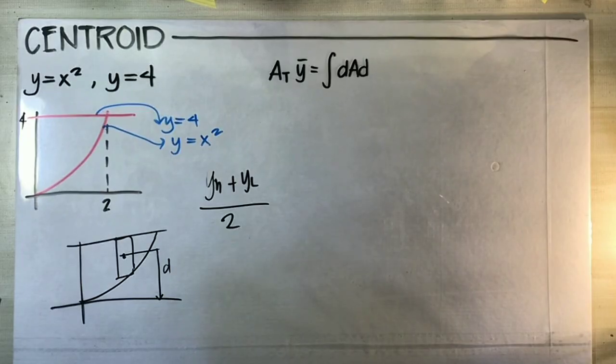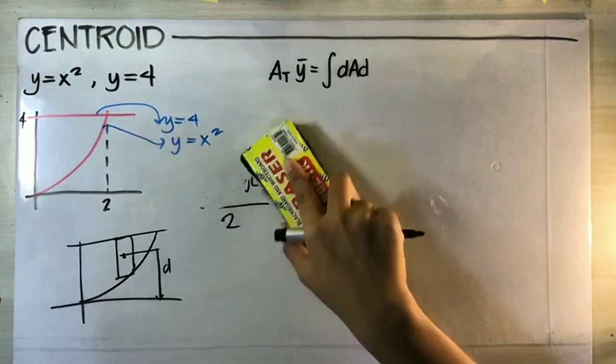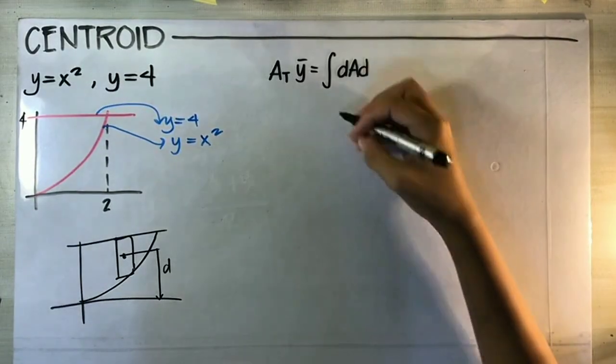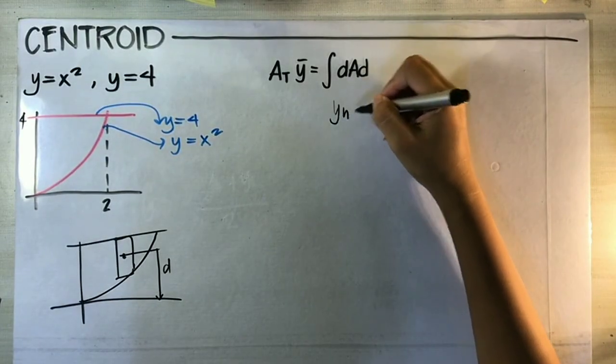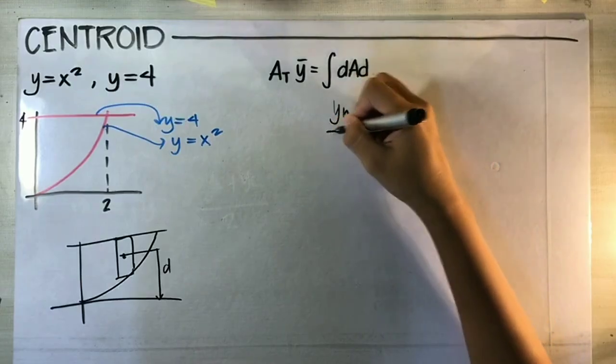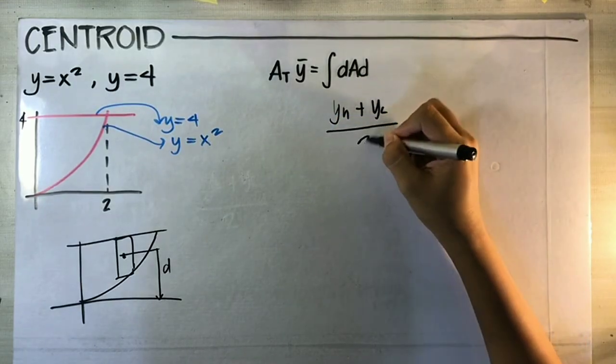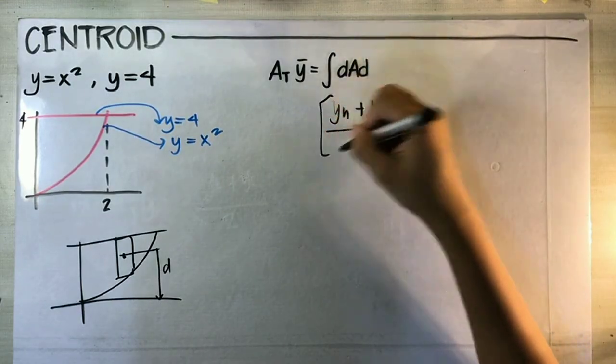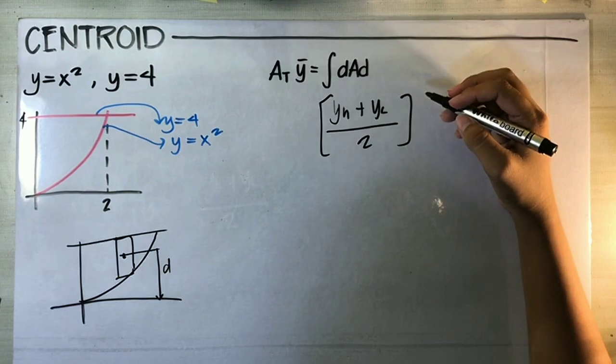And our area, as we have discussed, is the base times height. Let's rewrite this one. So y high plus y low all over 2 times the area.